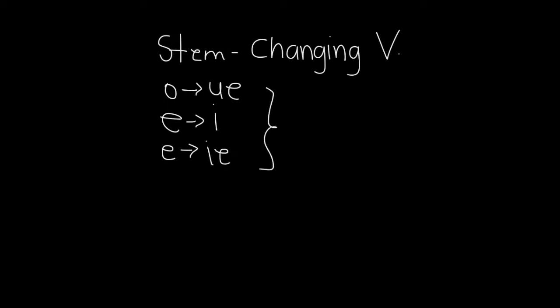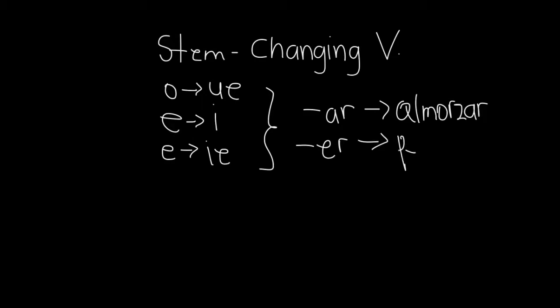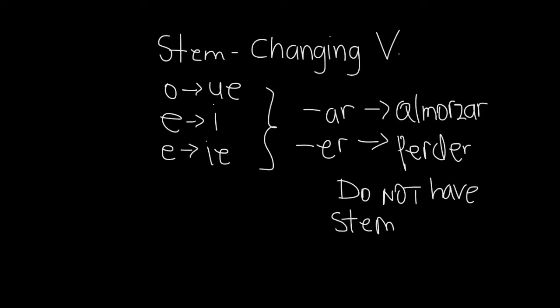So now let's take a look at the stem-changing verbs, those that have the change from o to ue, from e to i, and from e to ie. Remember that verbs that end in -ar, such as, for example, almorzar, and -er, such as, for example, perder, do not have a stem change in the preterite.